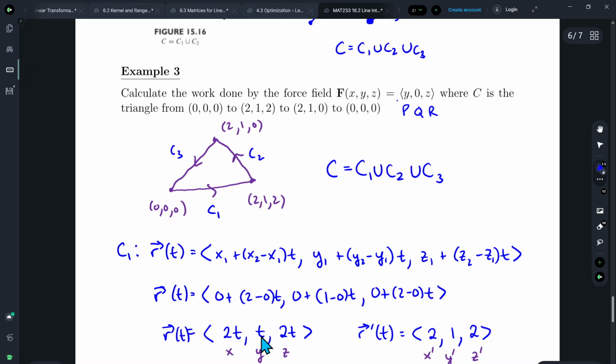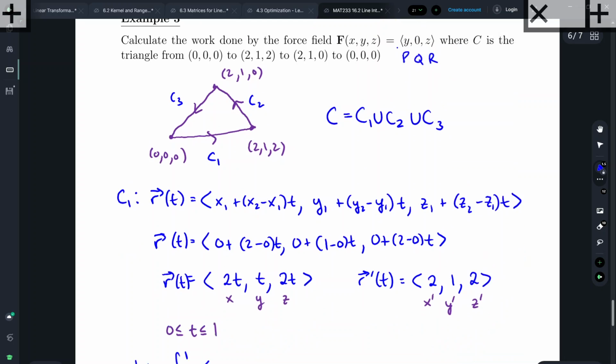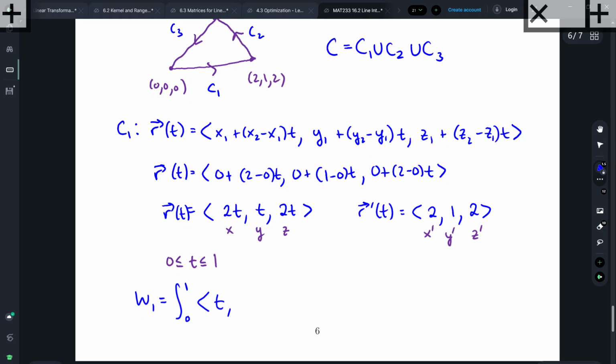So x is 2t, y is t, and z is 2t, and we get (t, 0, 2t), and then dot r prime, which is (2, 1, 2) dt.